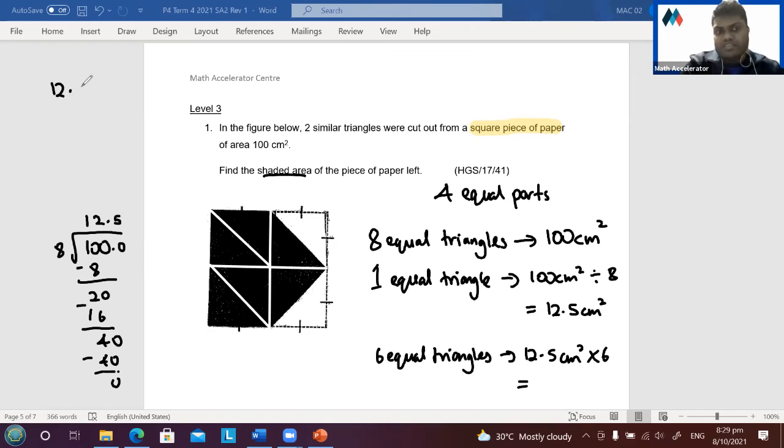Okay, so just take 12.5 times 6. 5 times 6, 30. 2 times 6, 12, plus 3 is 15. Bring up the 1. 1 times 6 is 6, plus 1 is 7. So the answer is 75 cm squared.